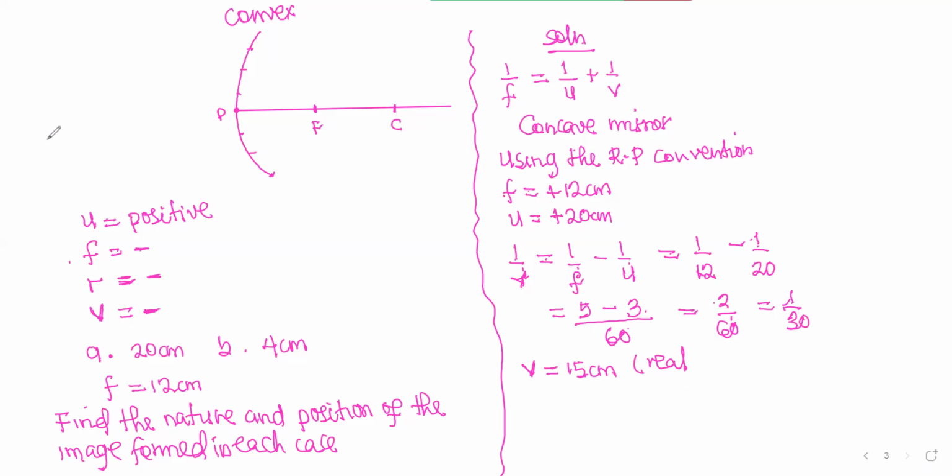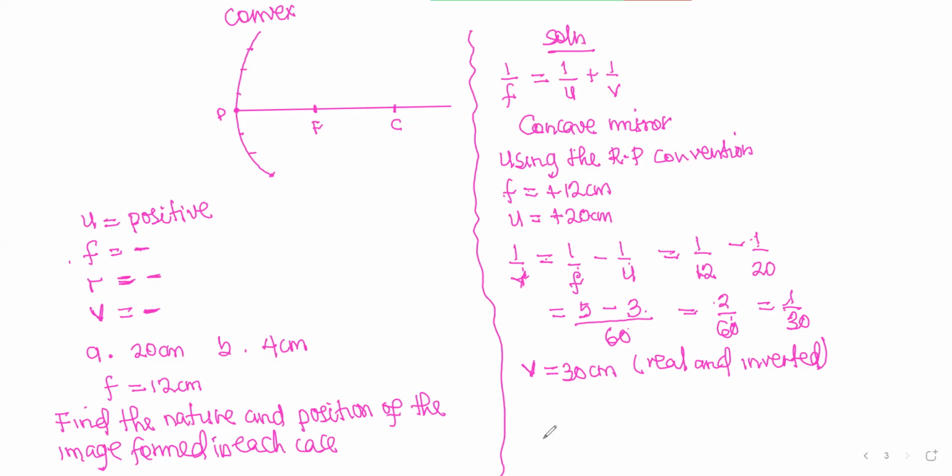Once V is positive 30, image will be real, and all real images are inverted. Okay, so that's the nature of the image.